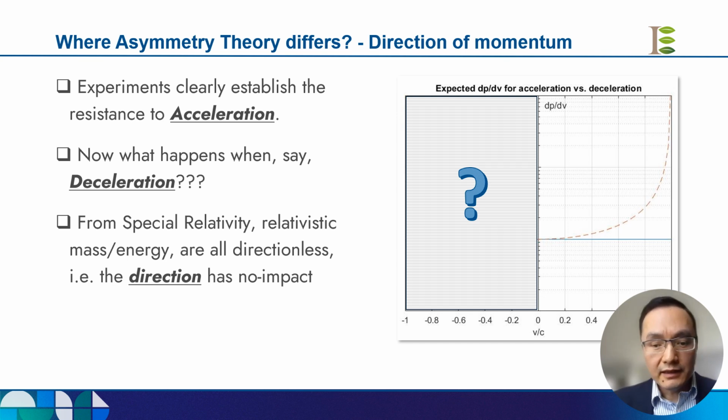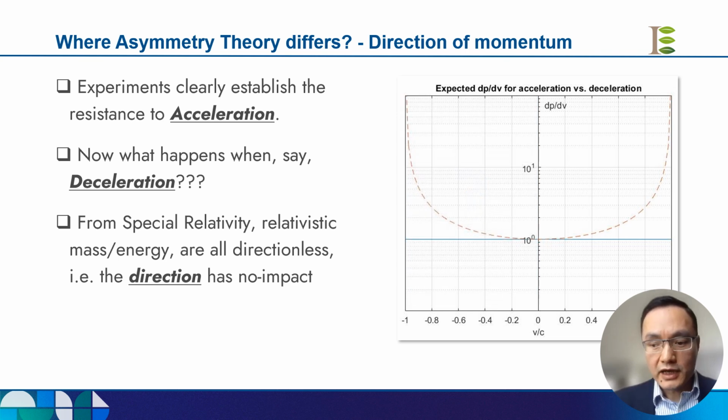If you believe in special relativity, either relativistic mass or energy, they are all directionless, which means the direction has no impact. So this picture should be the expected ratio of momentum to speed change based on special relativity, which is symmetric.